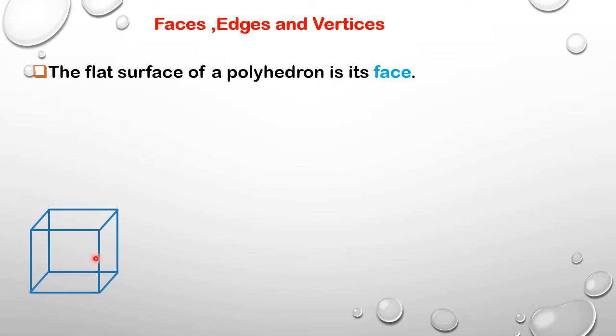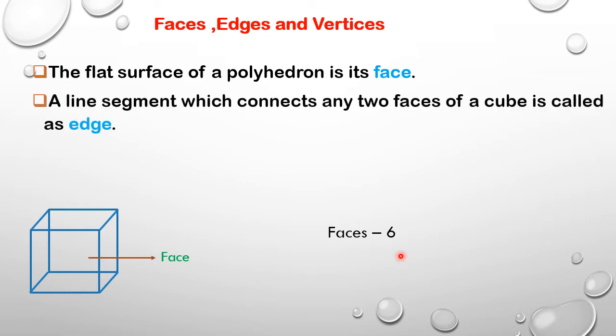We take this cube, the sides of this cube are flat surfaces, so each is called a face. In this cube, how many faces are there? Front, back, then left side, right side, top and bottom. So totally 6 faces are there.